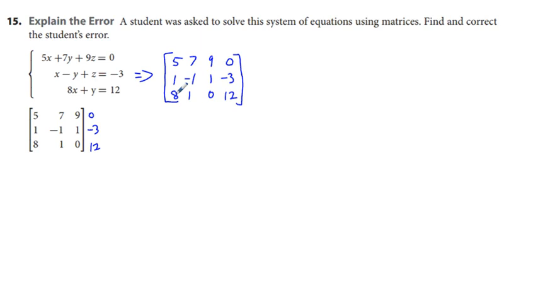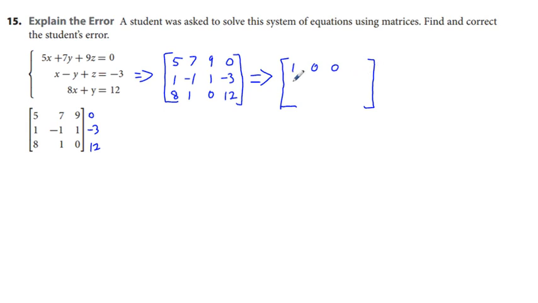Now, one thing I'm going to do as a bonus here is use the matrix feature on the TI-84 CE series calculator to solve this system of equations using matrices and get into reduced row echelon form. And what that's going to look like is this. We're going to have 1, 0, 0, then some number.